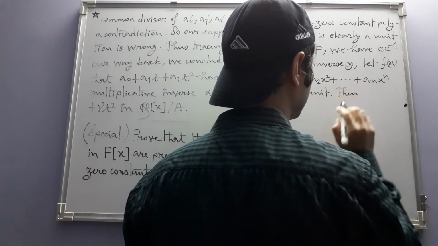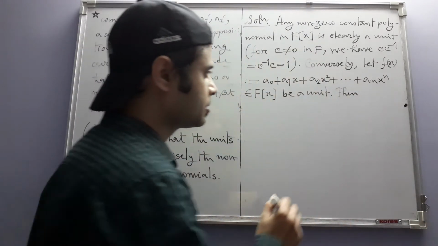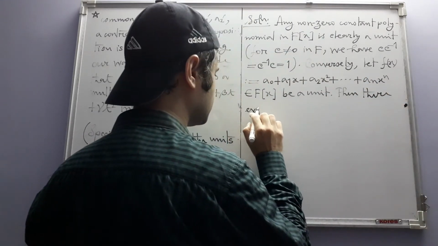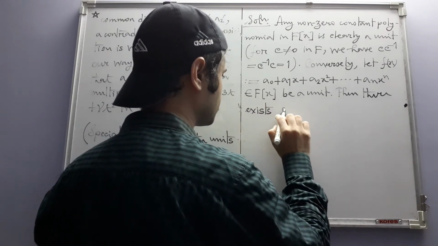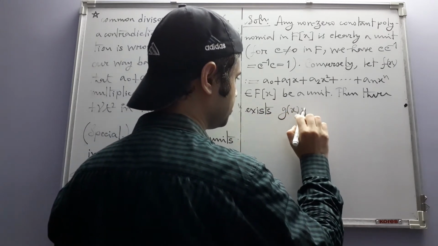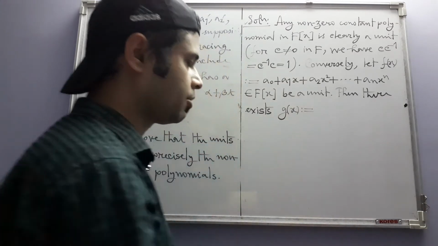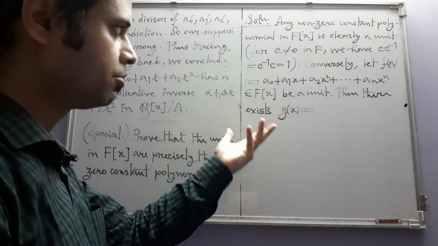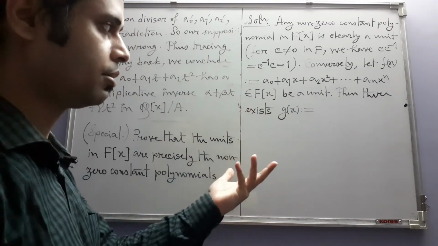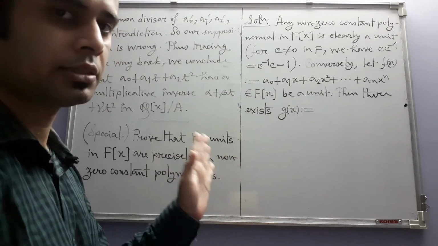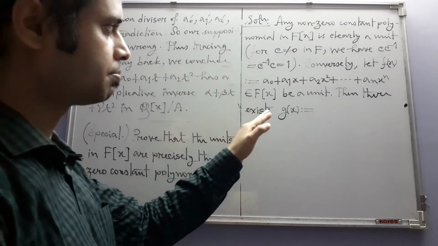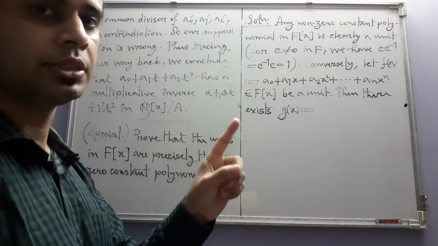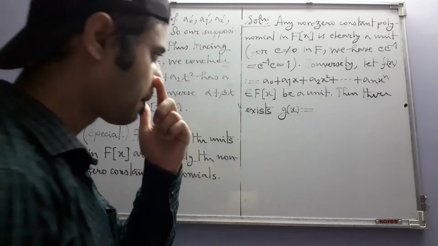Then that means it has a multiplicative inverse. Then there exists some polynomial g(x) in F[x]. We don't know what its degree is or what its properties are, but there is one such element in F[x], so that if you take the product of this f(x) and g(x), you will get the unit element of F[x], which is the constant polynomial 1.